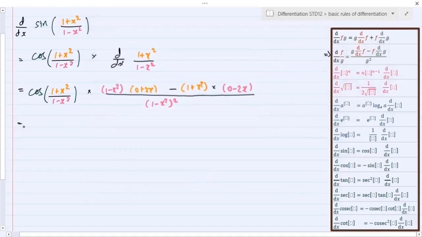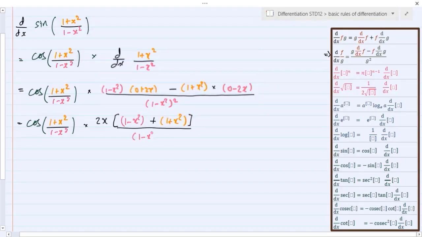So again, in next step, as usual, your cos of 1 plus x square upon 1 minus x square will be as it is, and we can take 2x common from the numerator. So we will get 1 minus x square from the first term, minus minus become plus, and 1 plus x square from the second term.